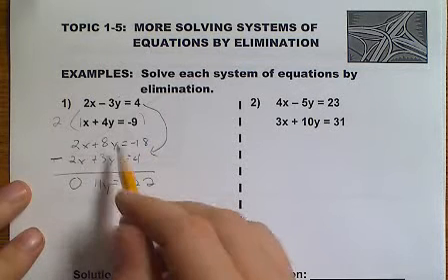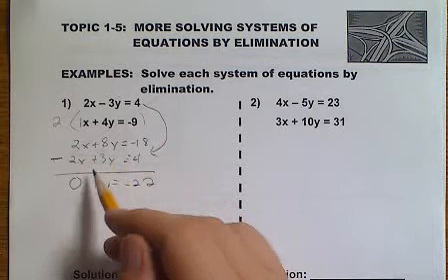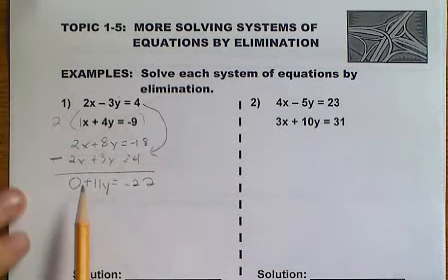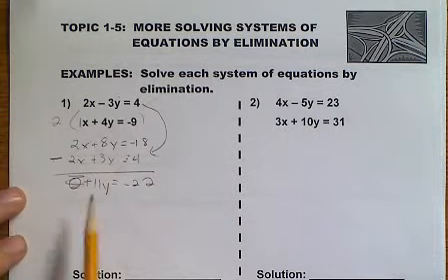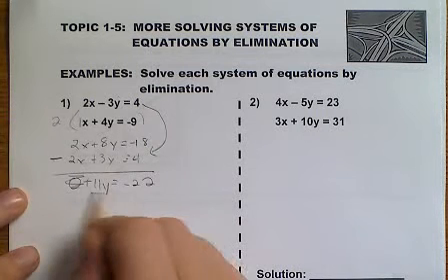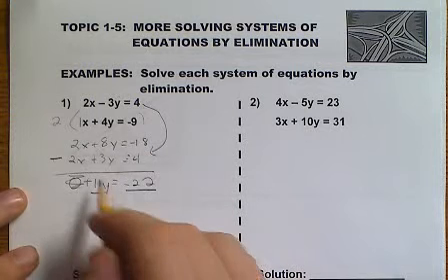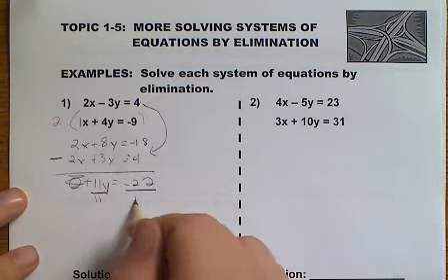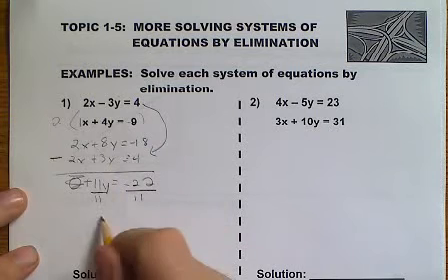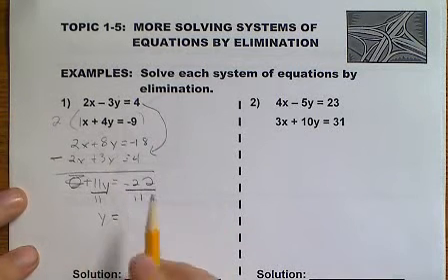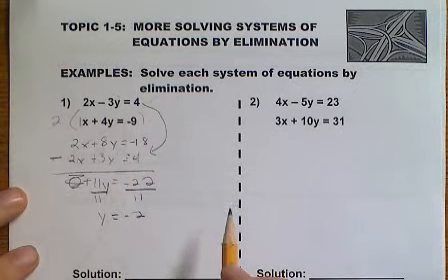Don't forget that these are y's. Now the 0, it doesn't matter. To get the y by itself, we're going to divide both sides by 11. And negative 22 divided by 11 is negative 2.